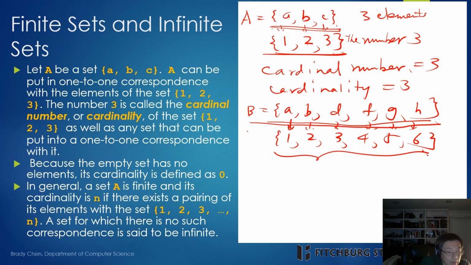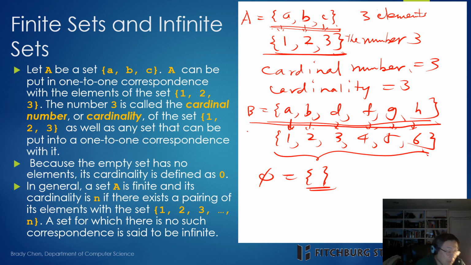So basically, for a finite set, the number of elements defines the cardinality of the set. Now for an empty set, which contains nothing, no elements, we define the cardinality of the empty set as 0.